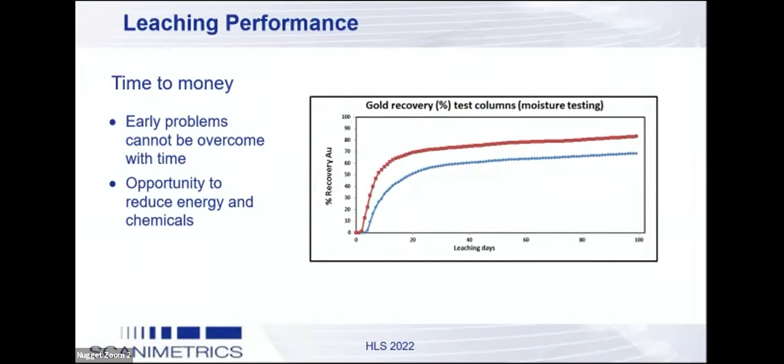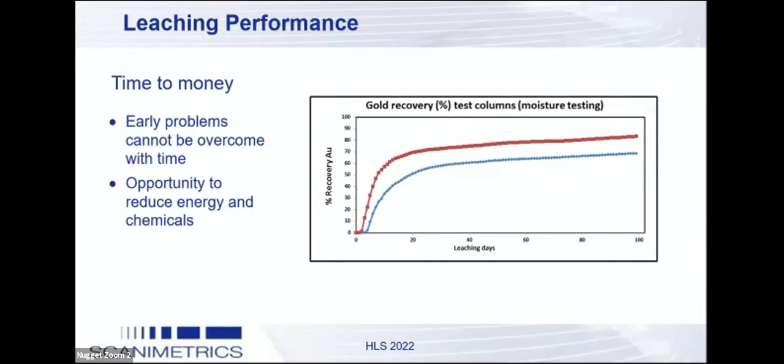And what we found is that early problems are not overcome with time. As many of you know, these are asymptotic relationships, and a lot of times if your leach process starts wrong, you'll never get all the gold out of there again. So getting it right as early as you can is really important.